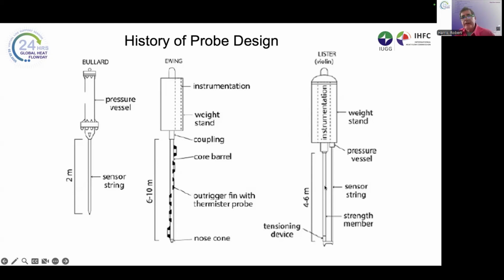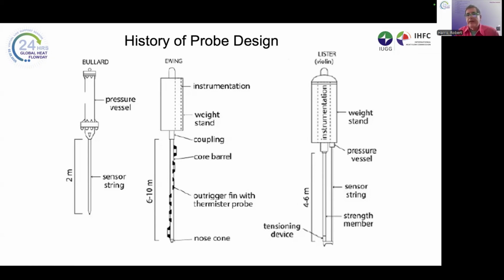And then finally, the so-called Lister probe, sometimes called a violin bow, because here's the strength member and then a sensitive thermistor string with many thermistors inside of it. So this gets plunged into the sediment. The thermistor string is offset from the thick strength member, decreasing the time you had to wait for that frictional heating of penetration to go away.